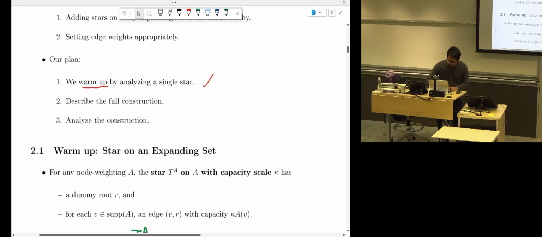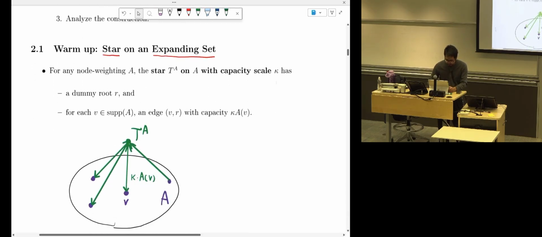So let's warm up by looking at one single star on an expanding set. What I mean is here.